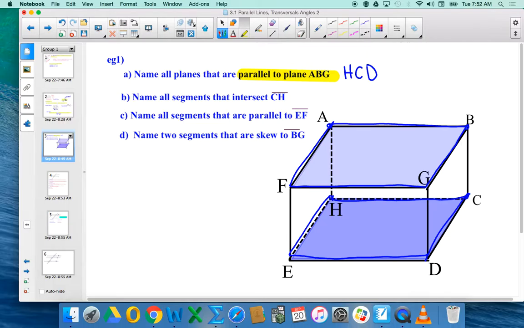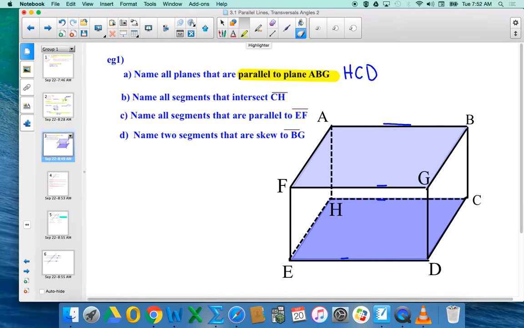The next question says, name all the segments that intersect CH. So we have segment CH. We want to know all the segments that intersect it. So we have AH, that's one segment.